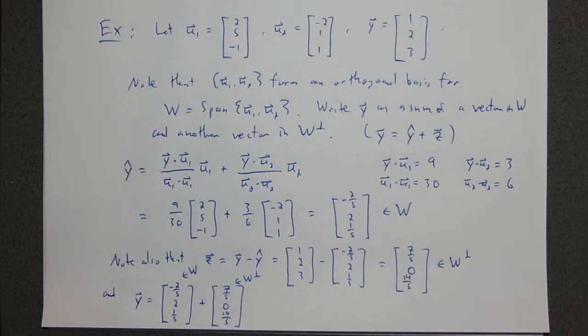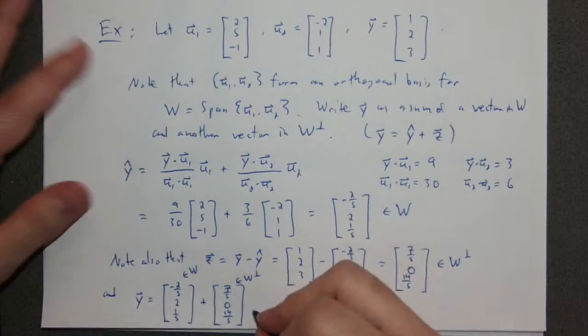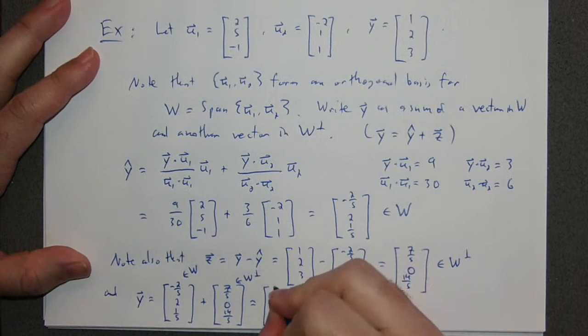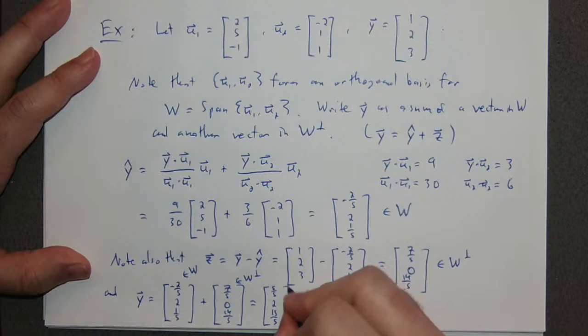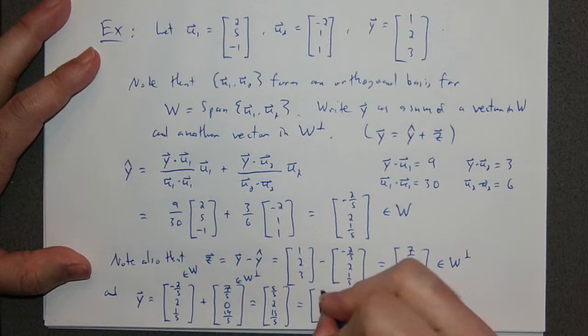Also, check with yourself to make sure that this actually matches up with y. If I add these together, I get minus 2 fifths plus 7 fifths, that's 5 fifths. This is 2, and this is 15 fifths. So this is 1, 2, 3.